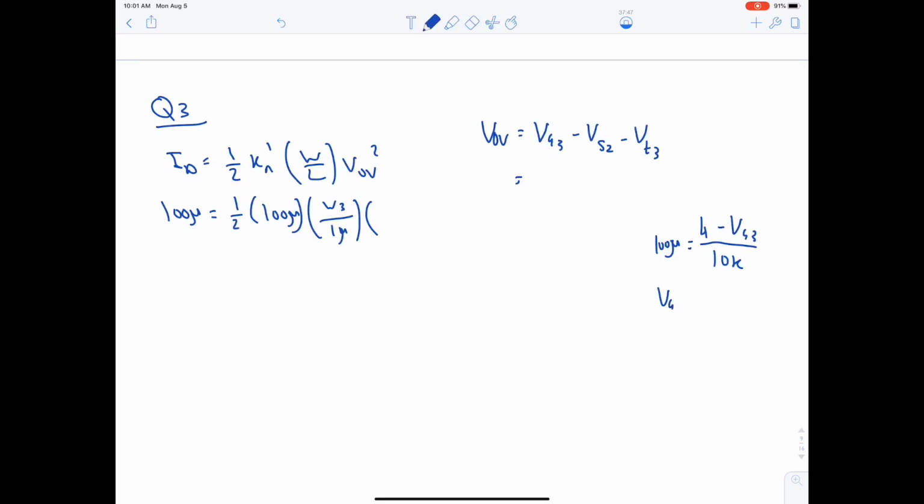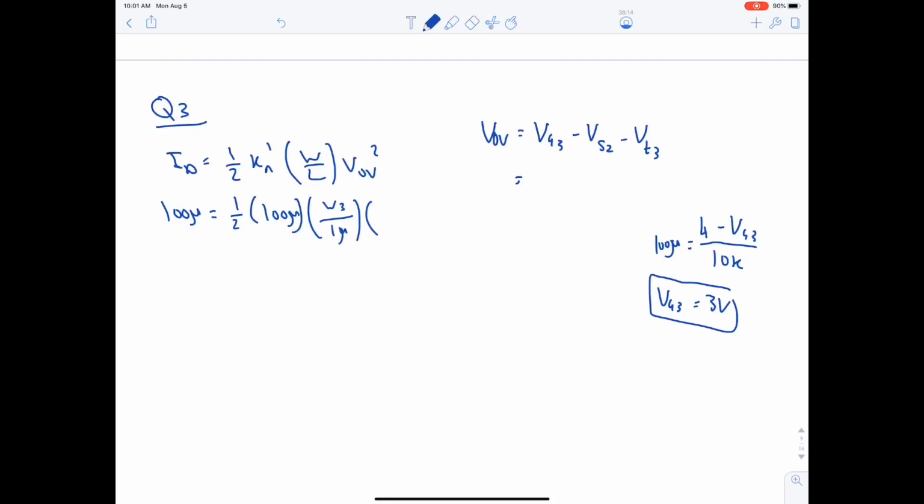So VG3 is equal to 10K multiplied by 100 micro. 4 minus 1, 3 volt.